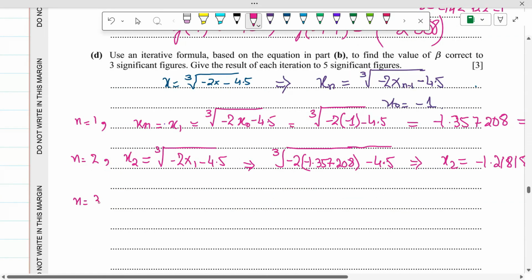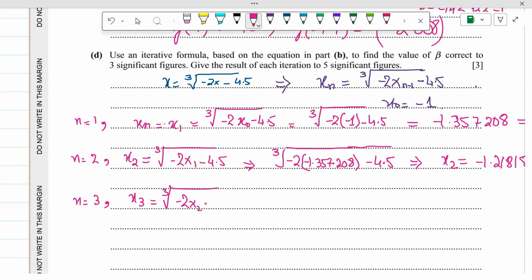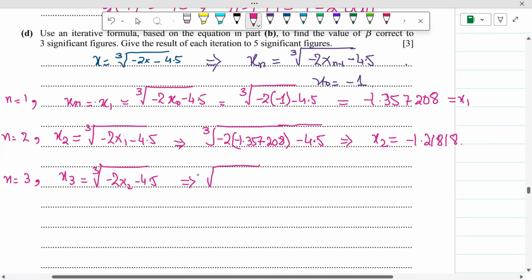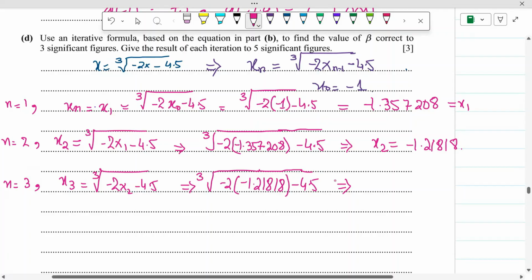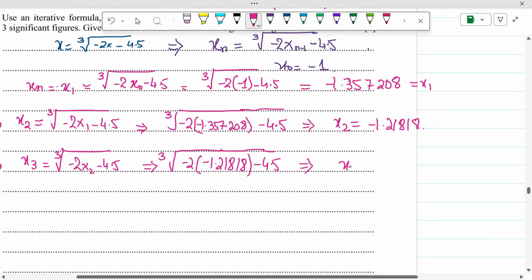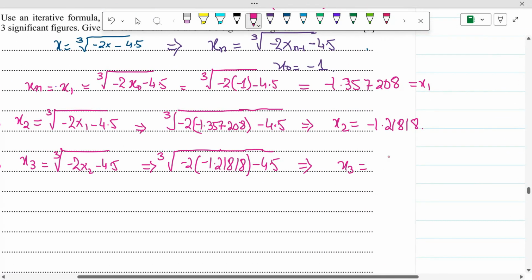Now n is equal to 3, x3 is equal to the cube root of negative 2 x2 minus 4.5. So this is the cube root of negative 2 times x2, which is negative 1.21818, minus 4.5. By using a calculator, you will find that x3 is equal to negative 1.27118.